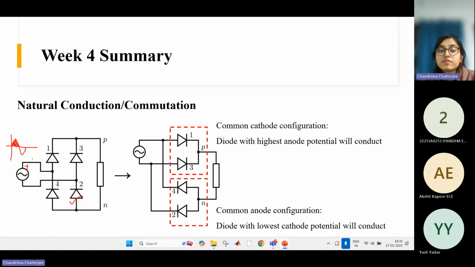In the negative half cycle, the polarity reverses. Now the positive terminal is connected to this diode, so this diode is forward biased, and this diode has the lowest potential among these two, so this diode will be forward biased. So the two diagonal diodes conduct simultaneously: 1 and 2, and 3 and 4.